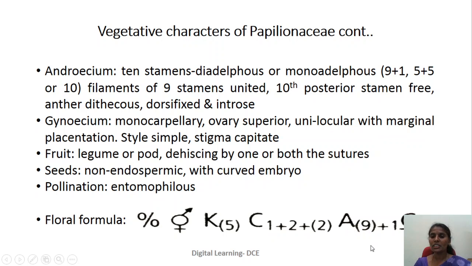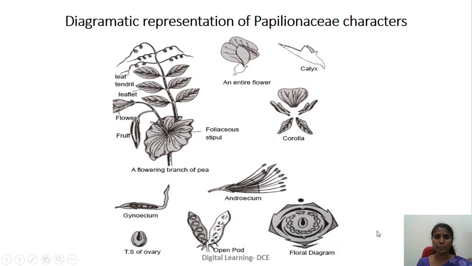Out of 10 stamens, since they are in diadelphous condition, 9 stamens are united to form a single bundle, so they are put inside the bracket, plus 1 which is free. Then G represents the gynoecium, and the line below the letter G indicates the hypogynous flower with superior ovary. And since it is provided with a single carpel, we put it as 1. So this is the floral formula of Papilionaceae.